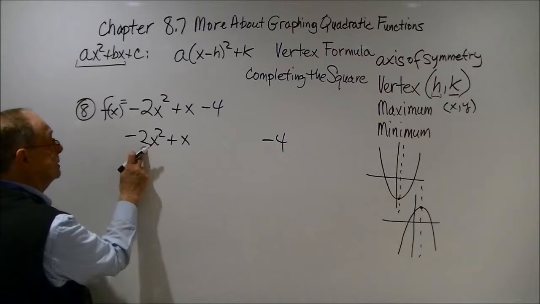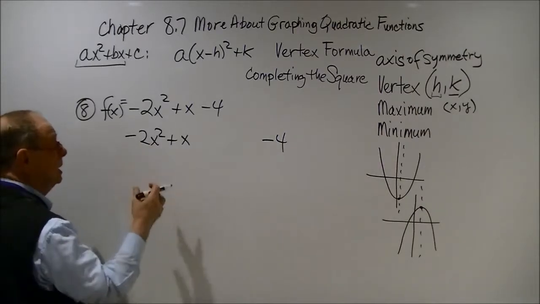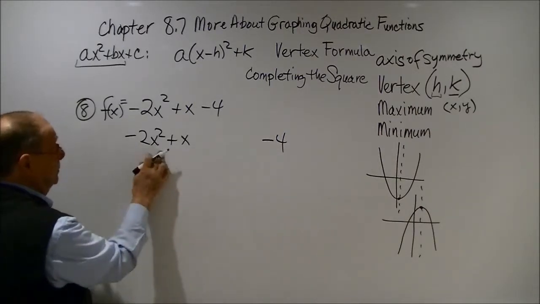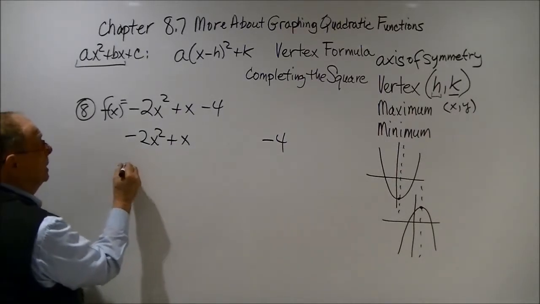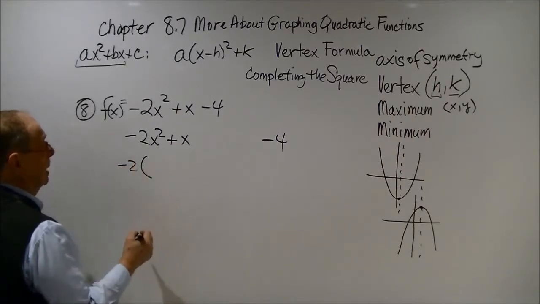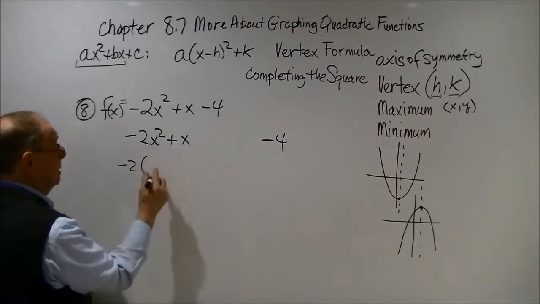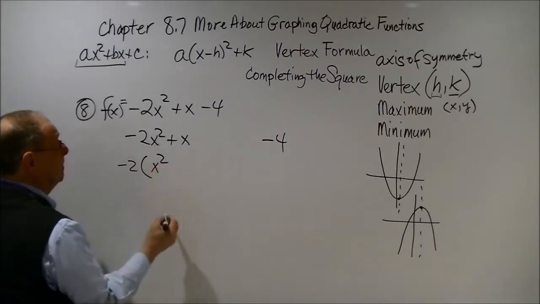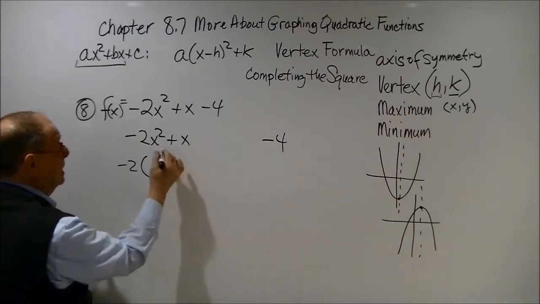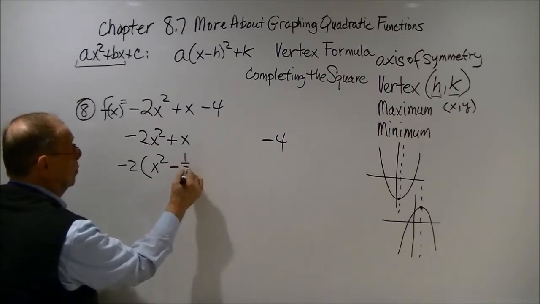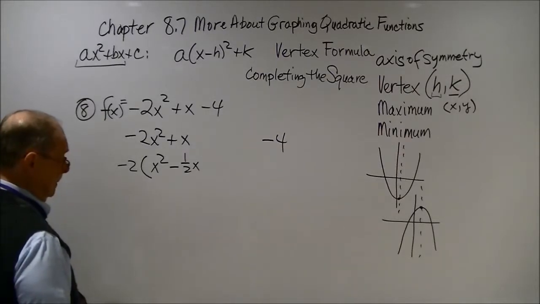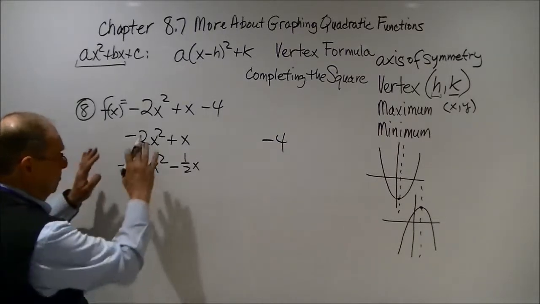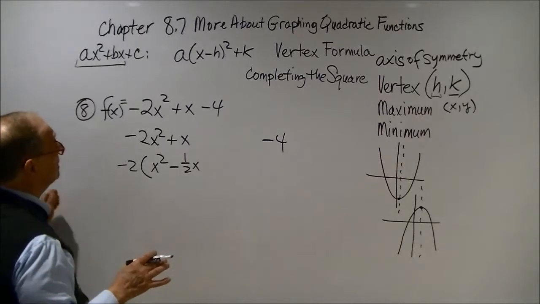Now I want this a term to be positive for now. So I'm going to factor out of this a negative 2. That changes this side and becomes just plain x squared. But this now becomes a negative 1/2 x. And again, I'm just fiddling with it a little bit here.